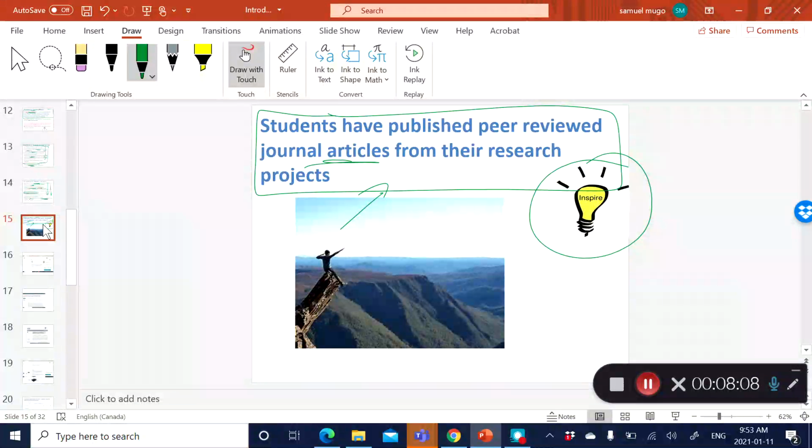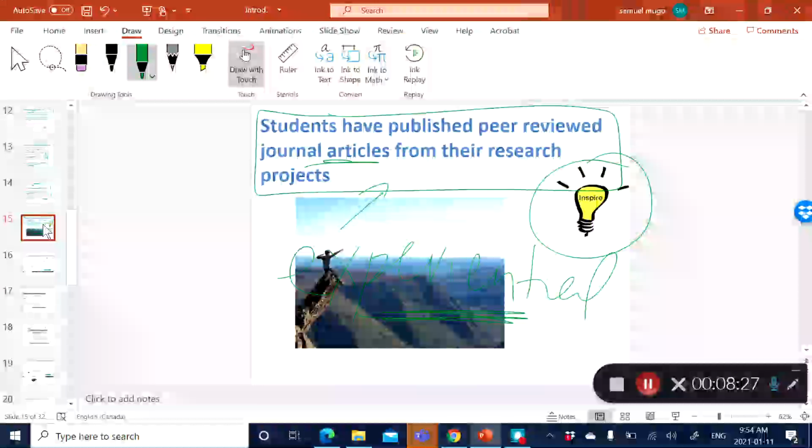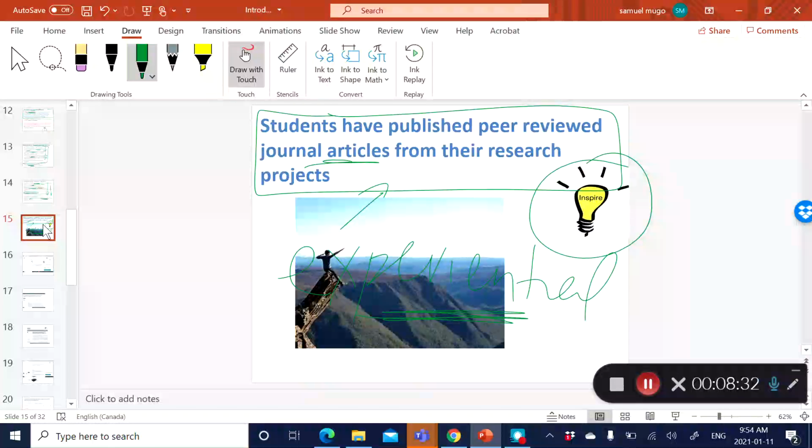And it's also a classic example of experiential learning. And of course, you go out there and everyone wants to know what you can do. And by showing that you've published a journal article, it's an unambiguous example that you're an excellent student with a good experiential background.